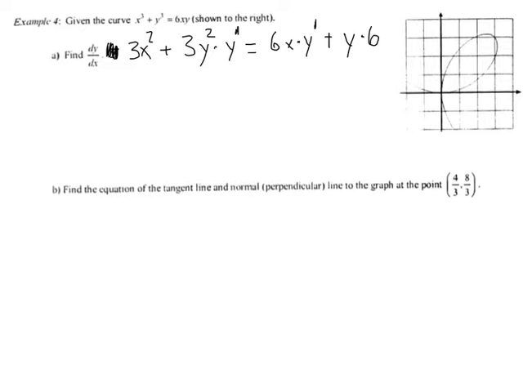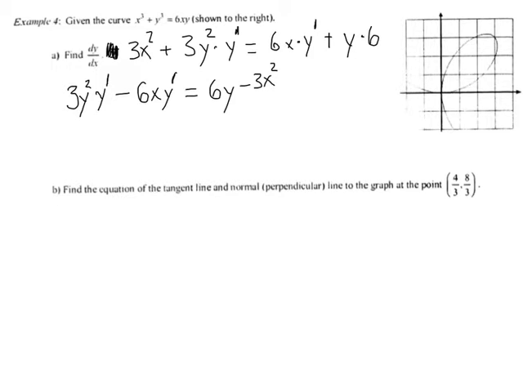Now our goal is to get all the dy dx's, or all the y primes, all those parts on one side and everything else on the other side. So here's what I would do. I brought the 6xy prime to this side, so it became negative. I brought the 3x squared to this side, so it also became negative.